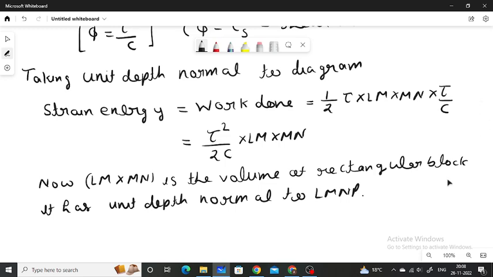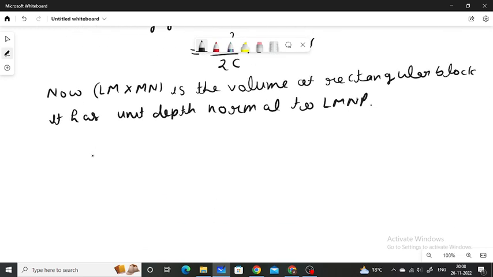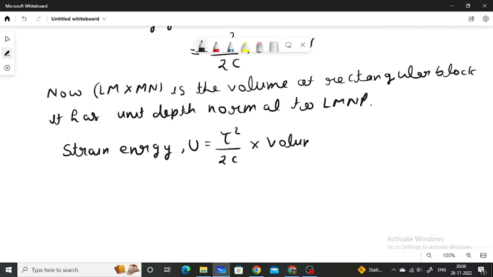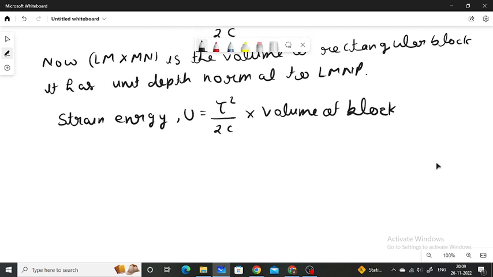Since strain energy U will be equal to tau square upon 2C into volume of block. Okay, this will be the strain energy due to the shear stress.